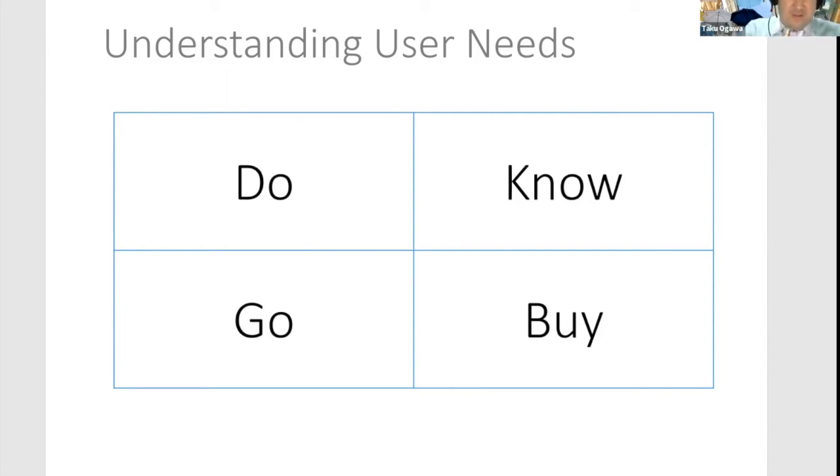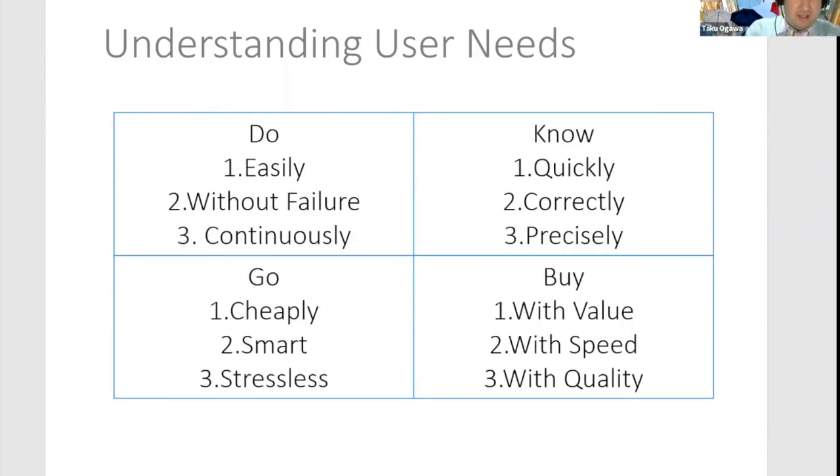So first there are the 4 user needs, and creating positive enhancement for these 4 types of users is very important. Do, say like they want to learn English, or they want to learn the piano. Maybe other options as well. But what users want is to do it as easily as possible.